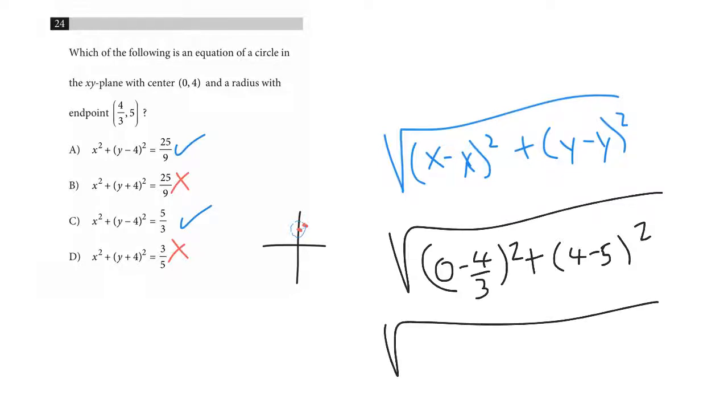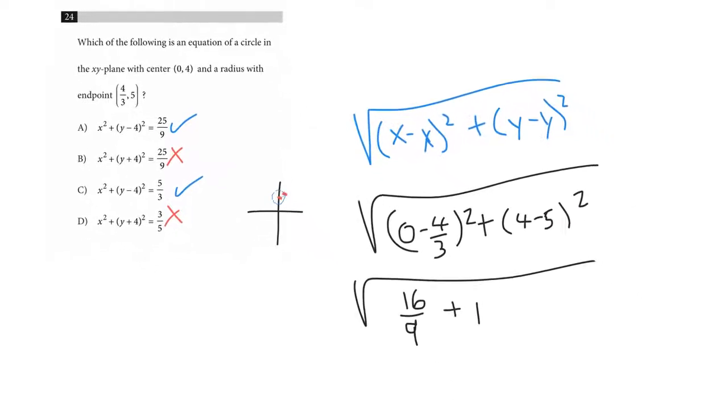And that's going to become 16 over 9 plus 1. Now, how did I get that? Well, negative 4/3 squared is 16 over 9, because this exponent of 2 applies to the top and bottom. 4 minus 5 is negative 1, and negative 1 squared is positive 1, so we have a plus 1 there.